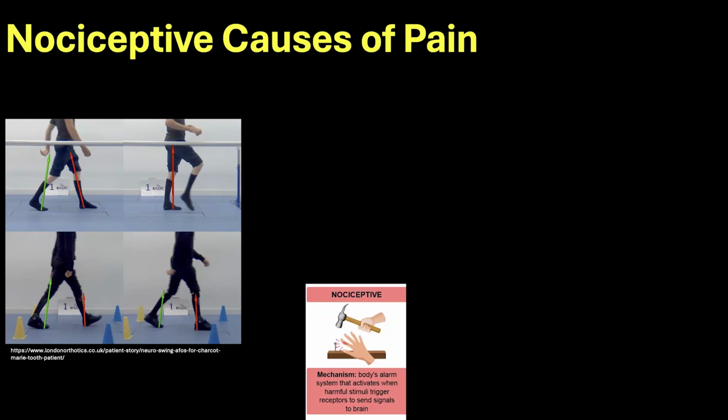As you can see, the individual on the top, when they're landing, their foot is kind of slamming on the ground. Their forces aren't directed in the right way, so they're not pushing off the ground the way they should. And this is causing strain on the tendons in the foot. This is causing damage within the ankle.